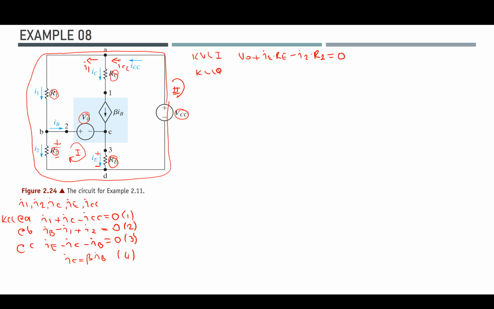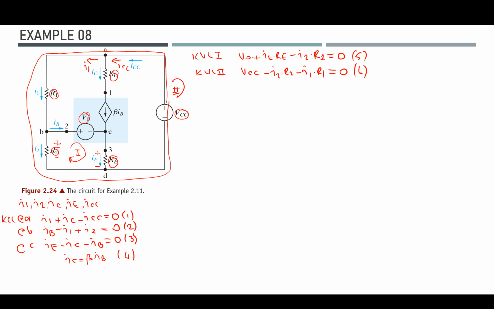So the KVL2 can be written, since I'm rotating in the same direction as the VCC, this is fine. Now I'm rotating in the reverse direction with respect to I2. It's going to be I2 times R2 and minus I1 times R1, and I complete my loop. Because of this, I can obtain these as the fifth and the sixth equations.